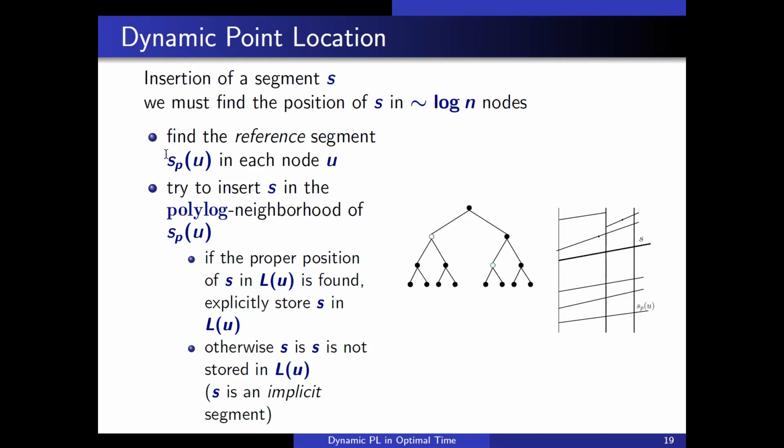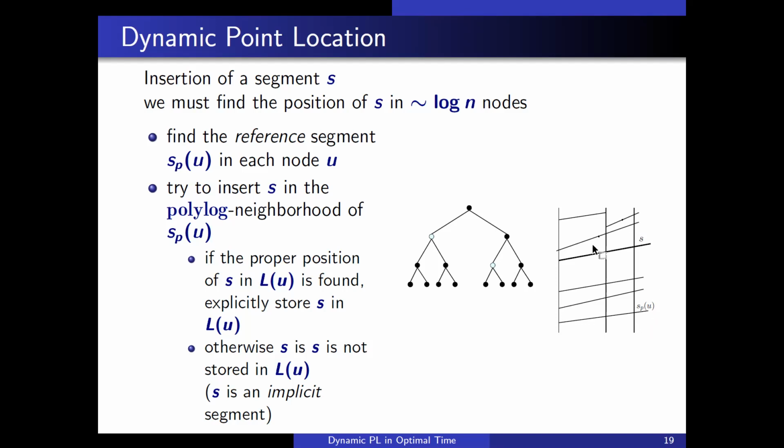And there are two situations. First, I will find the segment, which is called a reference segment. It's called SP of U, like this one. I will not define what it is, but this SP of U can be found quickly. And then I'll try to insert the segment S above SP of U, but in the neighborhood of SP of U of polylogarithmic size.